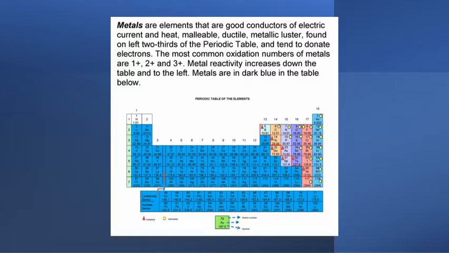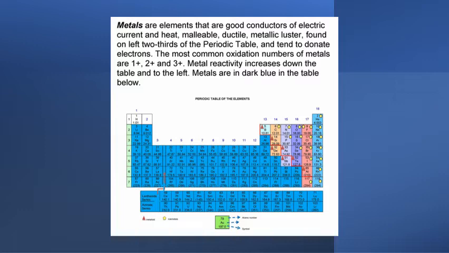Metals are elements that are good conductors of electric current and heat. Metals are malleable, ductile, they have a metallic luster, and are found on the left 2/3 of the periodic table. Metals tend to donate electrons.